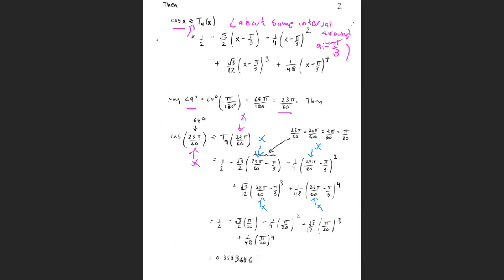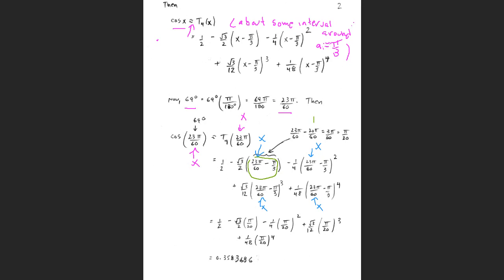Now it turns out that for every parentheses, you'll notice that you have 23 pi over 60 minus pi over 3.